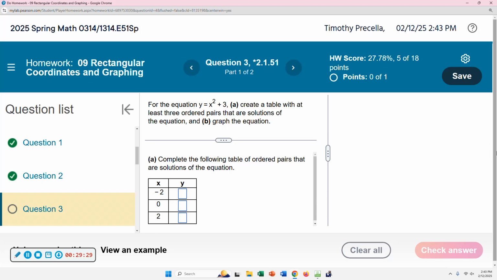Okay, we want to graph the equation y equals x squared plus 3. And they're giving us a table. They're saying complete the following table of ordered pairs that are solutions of the equation. So they're giving us an XY table.